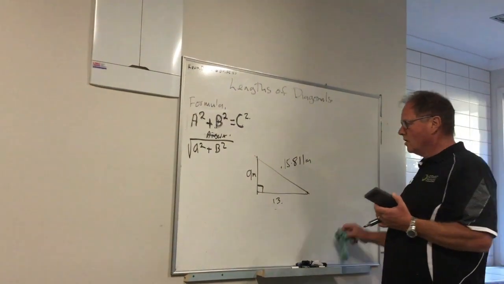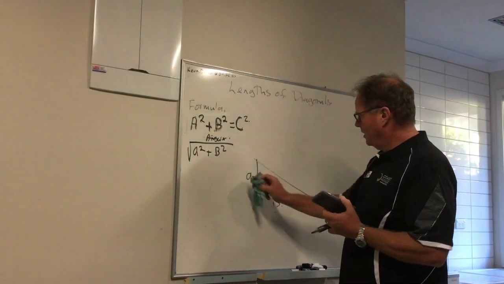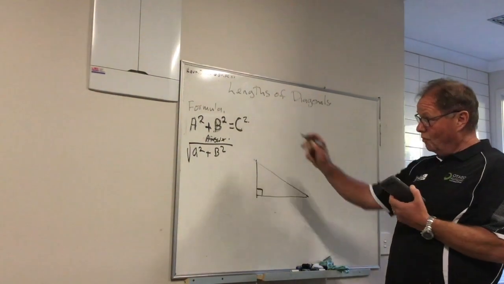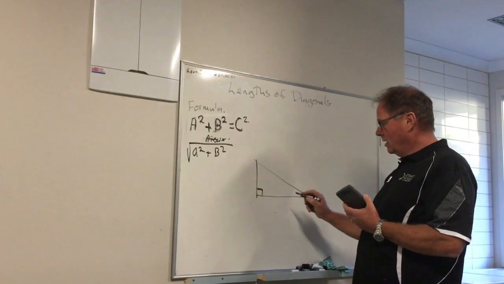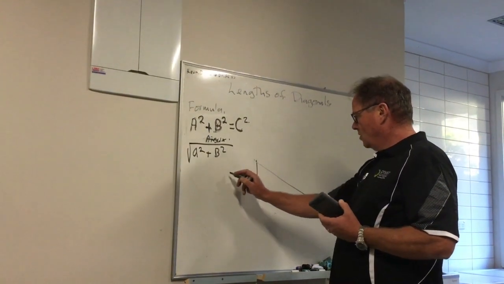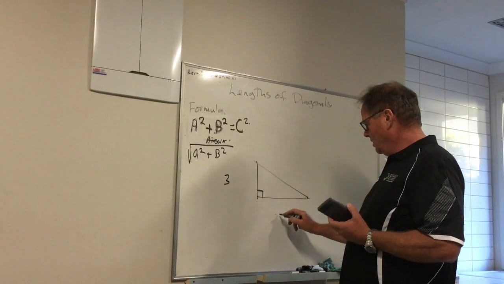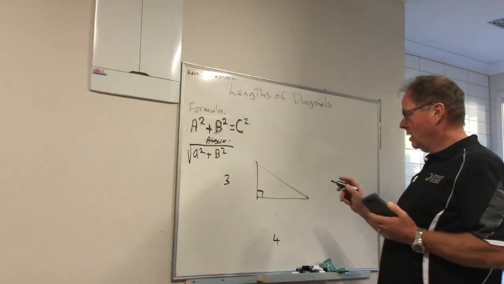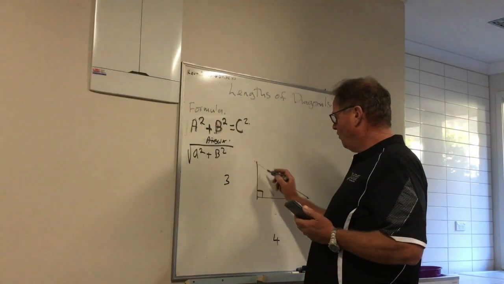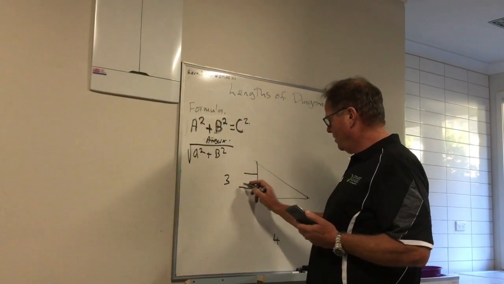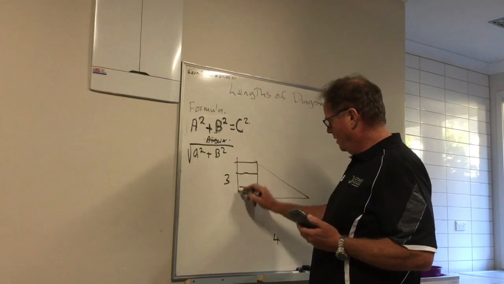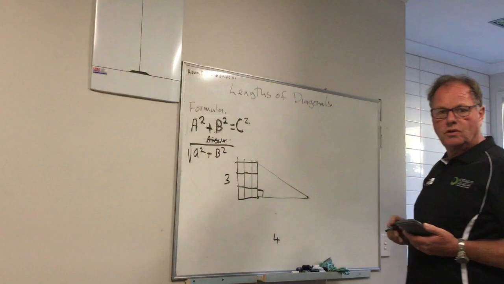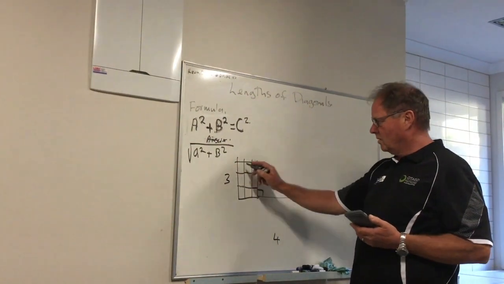Now another way to show this, if we change those numbers around, we've got this same formula, but we've got an easier way to show it. If that is like 3 and that there is 4, what's this one here? Now this is how you get a standard 3, 4, 5 triangle. 3 squared equals 9. There's 3 squared, 1, 2, 3, 1, 2, 3.